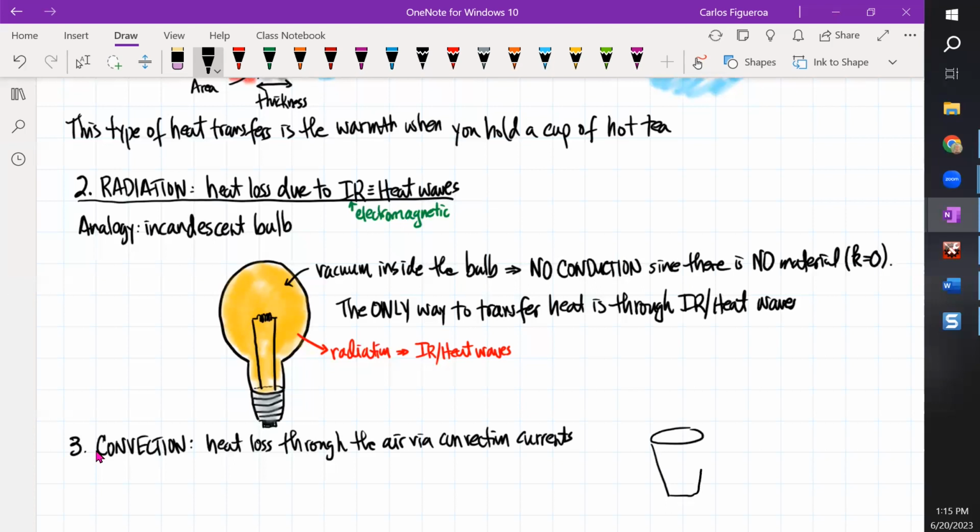So if this is my cup right here, you have a buoyancy where the air cools the surface. And as a consequence, you create this flow of water, and these are called convection currents.